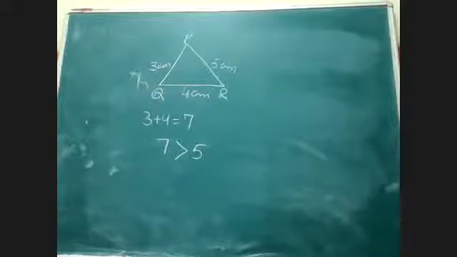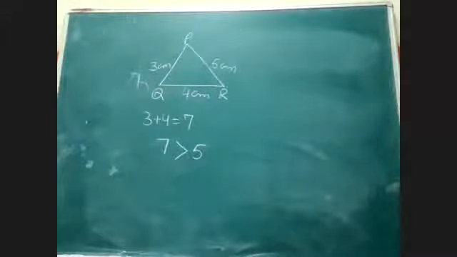So after this lecture, complete question number 3. First, with the help of a scale, measure each side. Then add any two sides of a triangle and see that the sum of two sides is greater than the third side.